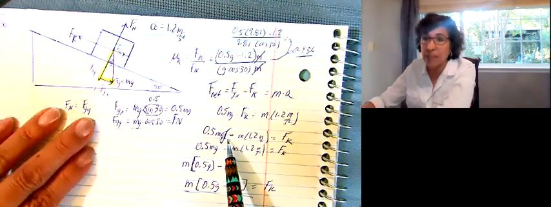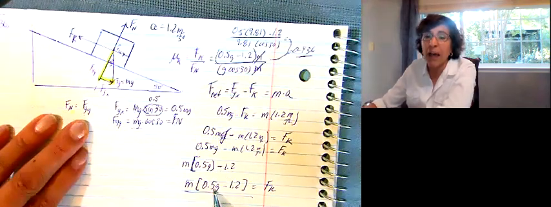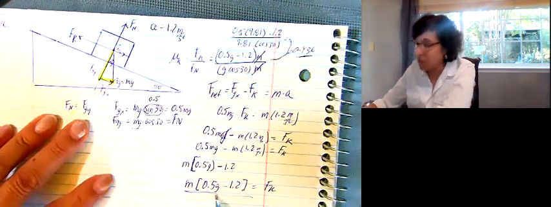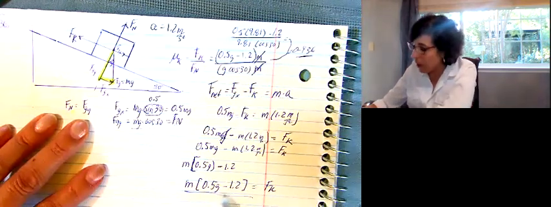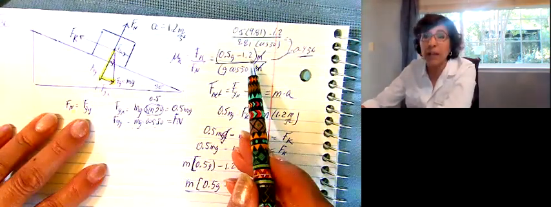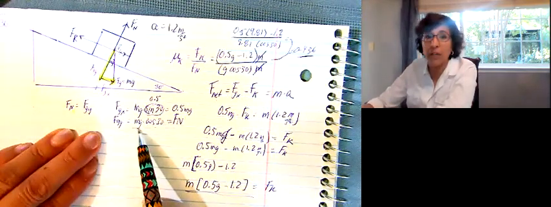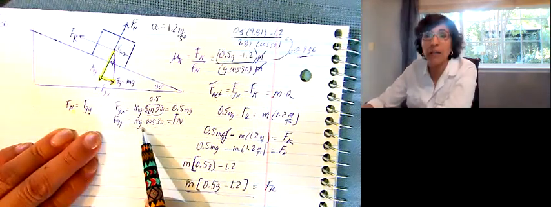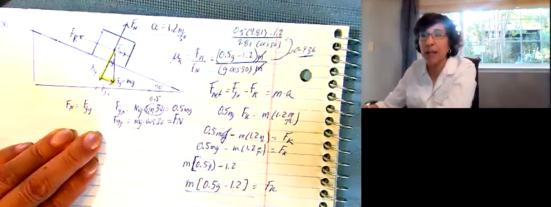It's a little confusing because I took off the units here so you could see m times the quantity of 0.5 g, which you could have figured out is 9.81 times 0.5, all that minus 1.2. That's my fk, that goes upstairs here. And then my fn we got from the fg in the y direction, mg cosine 30. All right, so there you go for number 36.